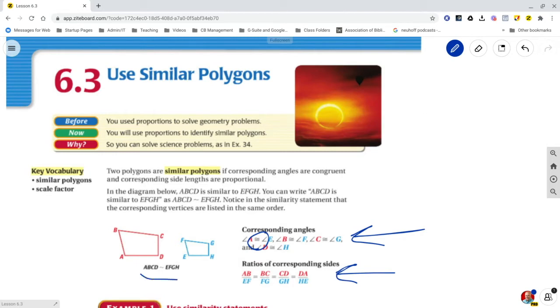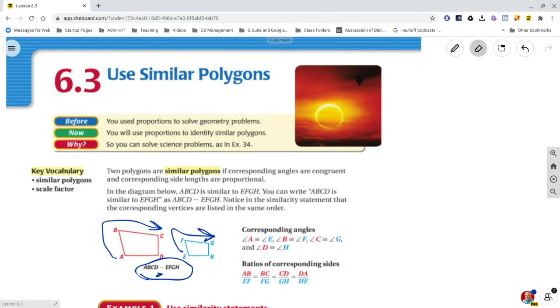So again, if we're looking at polygon ABCD being similar to EFGH, the first thing we know is that the order of the vertices is important because it tells us which sides and which angles correspond to each other. Once we know that and know that they're similar, then we're going to know that the angles that correspond to each other are all going to be equal from one polygon to the other.